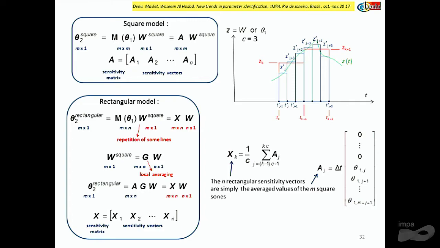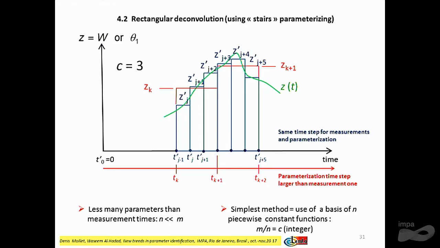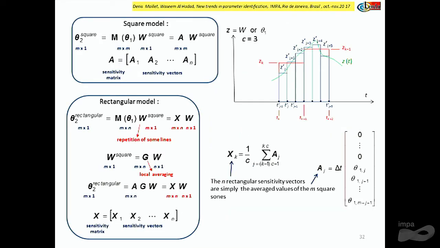What is nice is that you make a surface average of, for example, 3 levels. In this case, the sensitivity matrix is still linear when you are rectangular, but each column vector is the average of the corresponding 3 vectors of the original matrix. So you correlate the sensitivities a little more, but you give more weight to each of them.